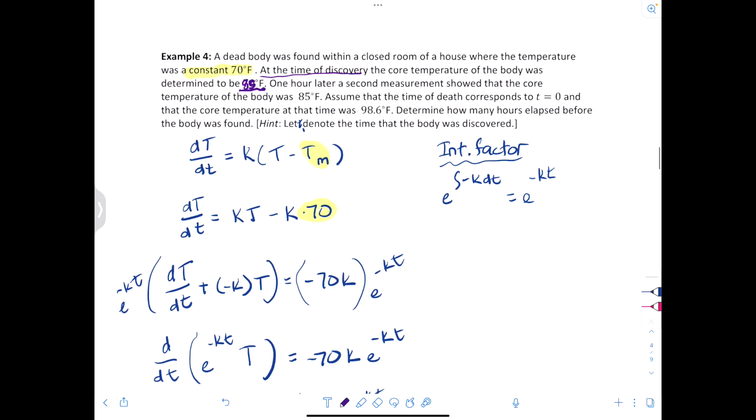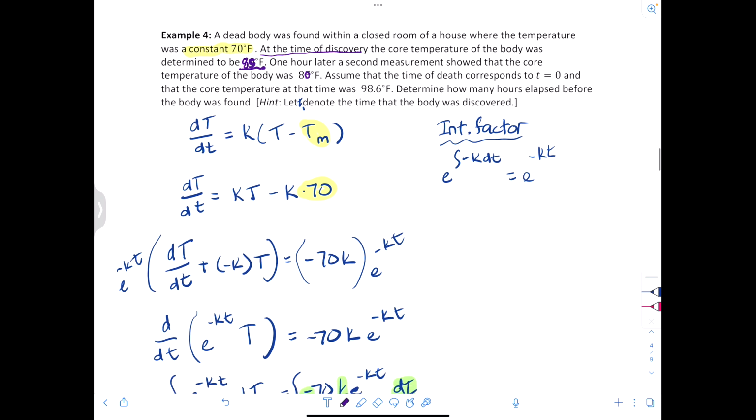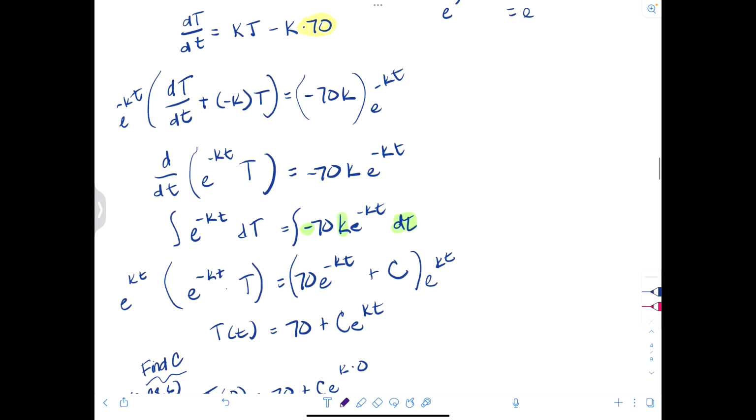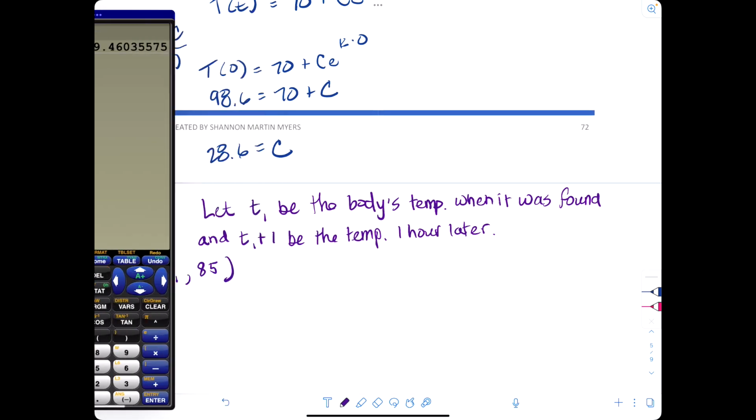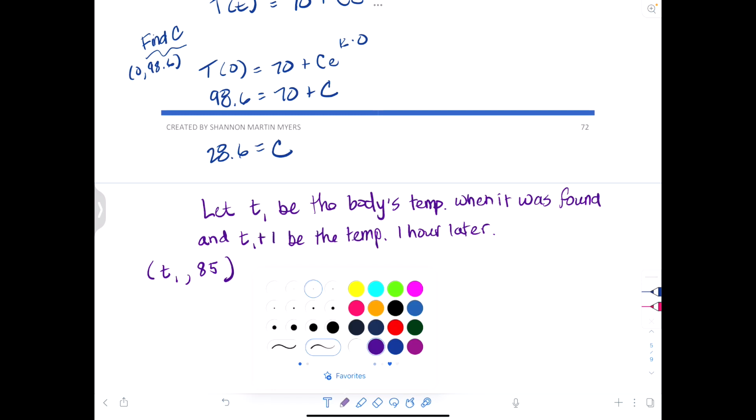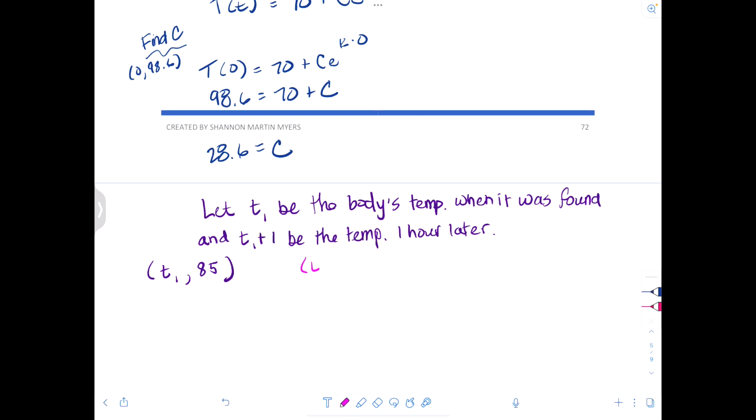And then an hour later it was 80 degrees. So 1 hour later, we'd have T1 plus 1 and 80.